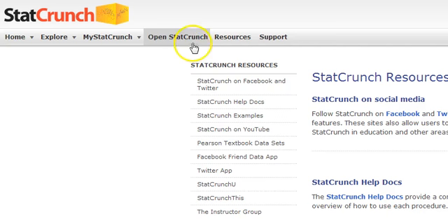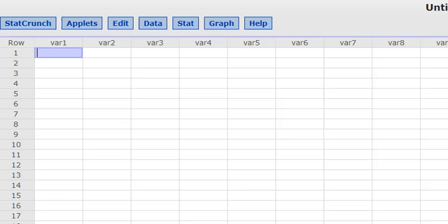Okay, so here we are in StatCrunch. I'm going to open a worksheet. And I am going to click on VAR1. Those are labels for columns, so don't ever put numerical data that you want to calculate in there. And I'm going to paste it in.